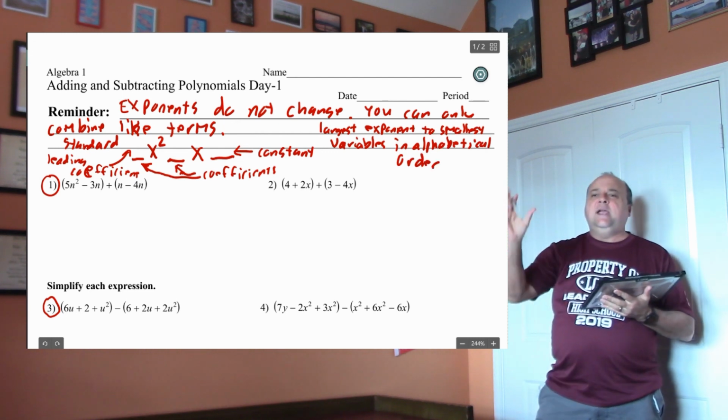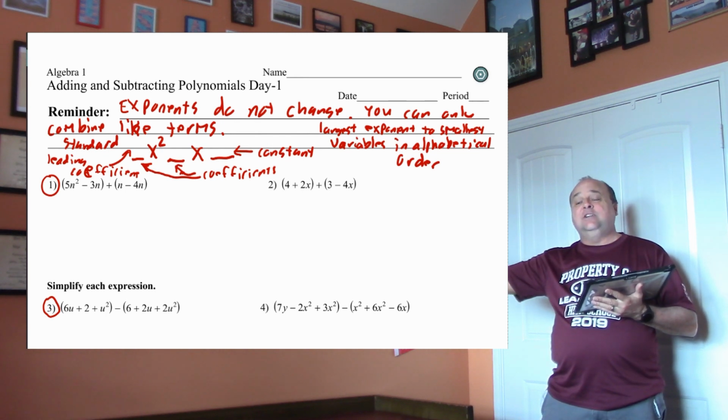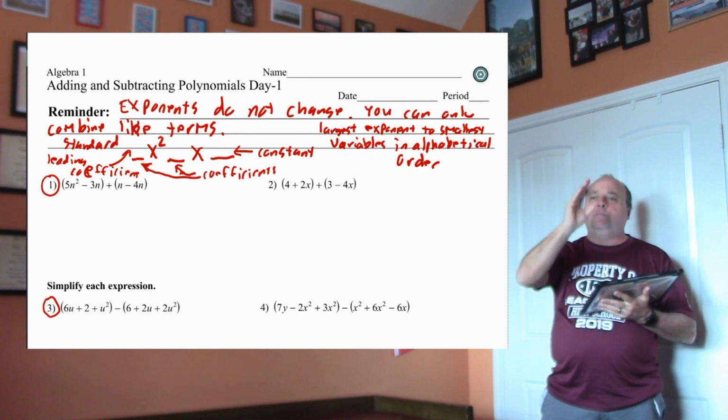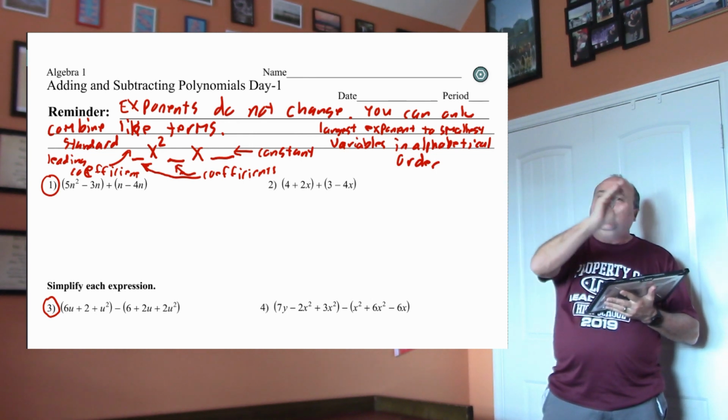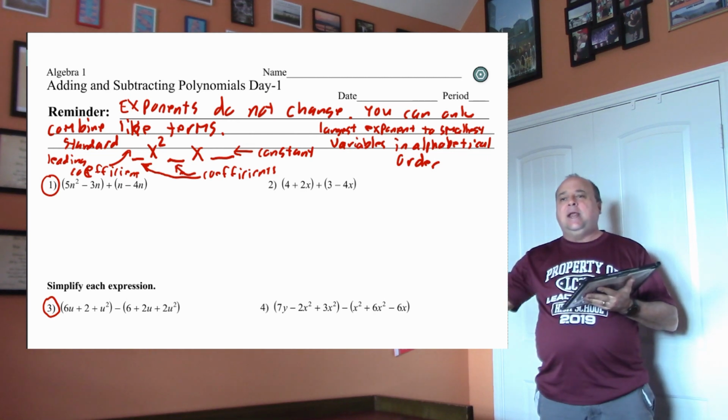Okay, so when we answer these, we want to put the largest exponents first, put the constant, or the number without a variable, last, and if you have different letters, you want to put those in alphabetical order in the order of the exponents, okay? So we're going to keep that in mind when answering these.